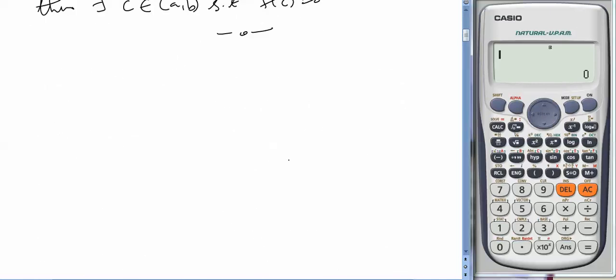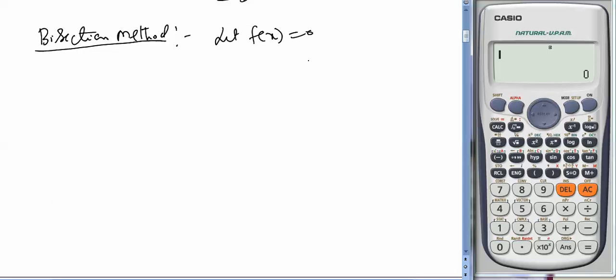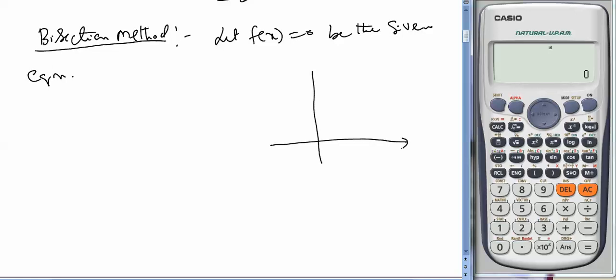Now coming to the bisection method. What is the bisection method? This is a very simple methodology. Suppose a function f(x) is given, with f(x) equals 0 as the given equation. Suppose you draw the geometrical representation of the curve.